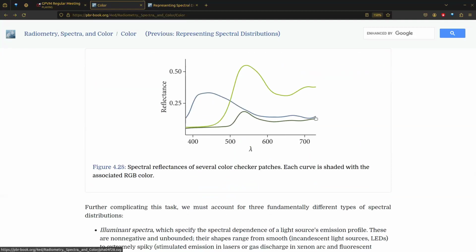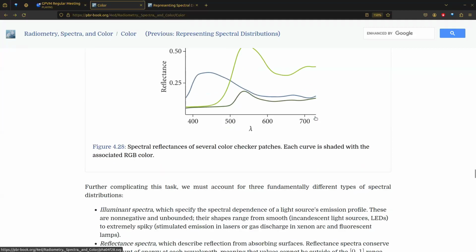I don't know if that's super correct, but that's very interesting anyway. So we've got spectral references of several color checker patches, and they're shaded with the associated RGB color. Those are representing a distribution of wavelengths that will give you that color, I guess.